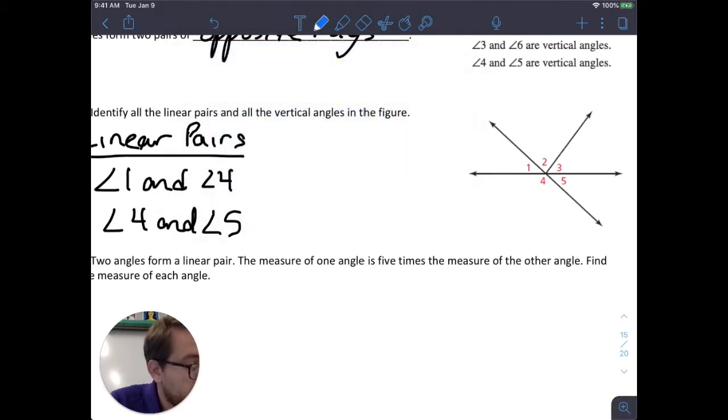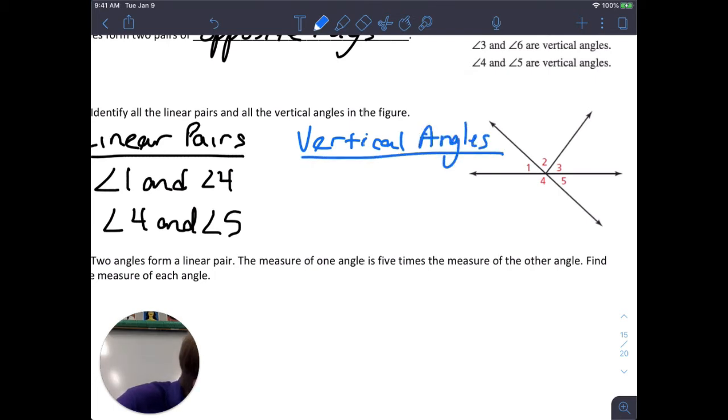Right, then we can talk about vertical angles. So vertical angles would be two angles whose sides are forming two pairs of opposite rays.